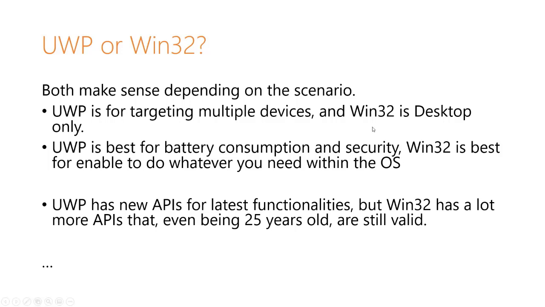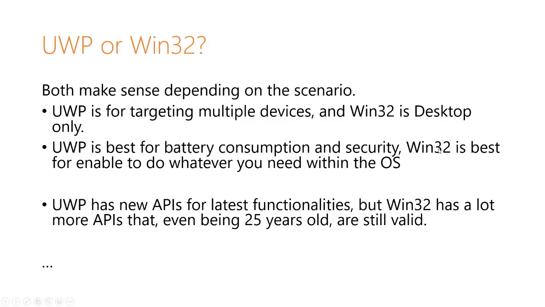For example, if you want to run on multiple devices, on Xbox, on Surface Hub, you will go for UWP. If you want to run on desktop, you can stay in WPF, Windows Forms, C++, Win32. If you want to use the capabilities, or you want to reduce battery consumption because the app will be resumed and suspended depending on whether the user uses the app or not, you will go for UWP.